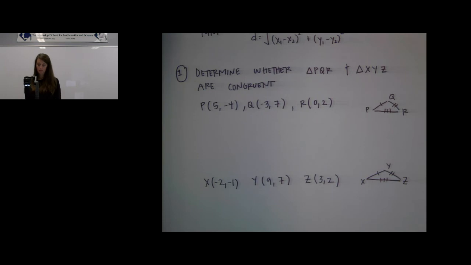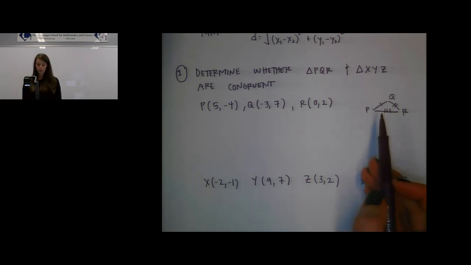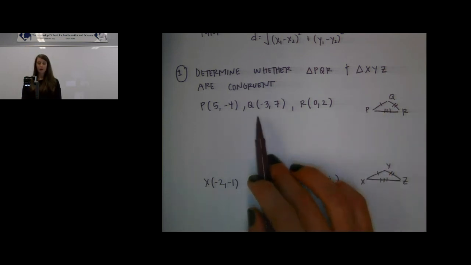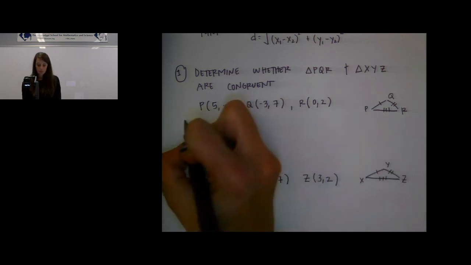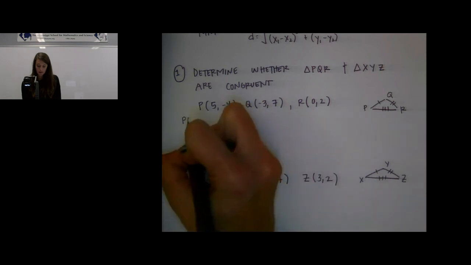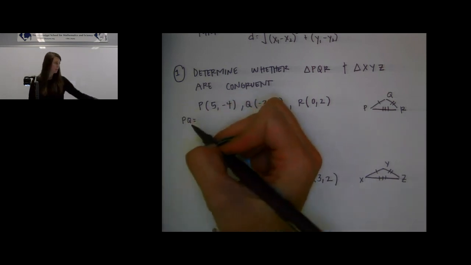Or it can be any of them. However they are congruent, it may not be in that exact order. Maybe it's turned on its side some other way. So let's try PQ first.